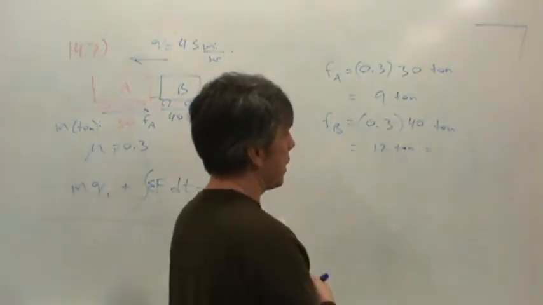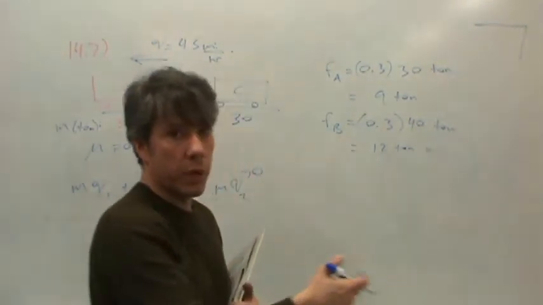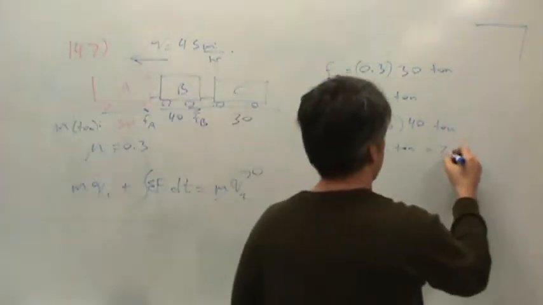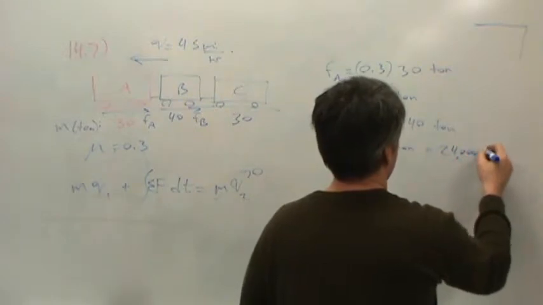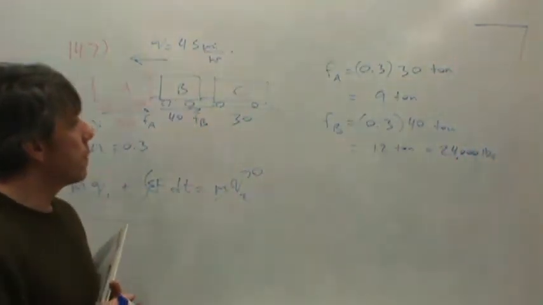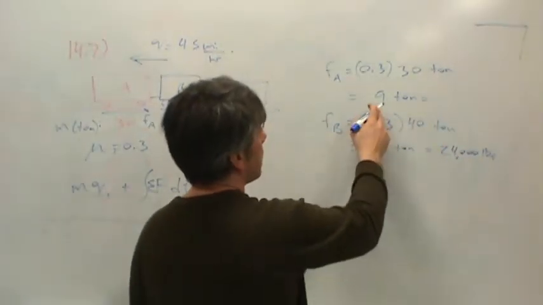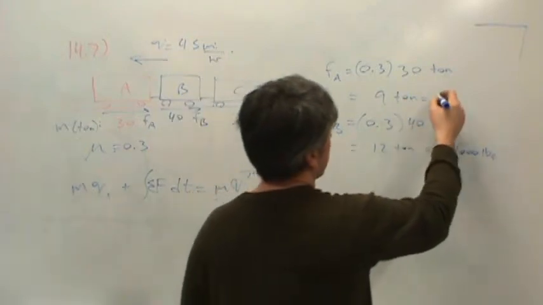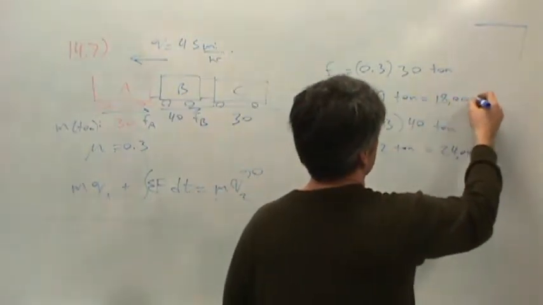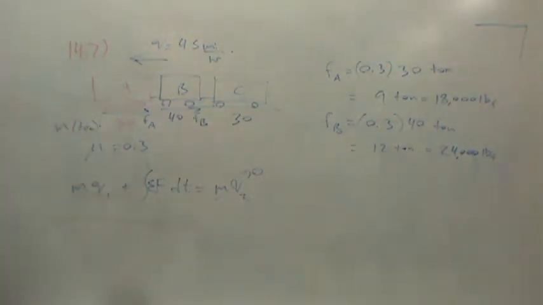So 2,000 pounds force per ton means basically multiply this by 2, you get 24 times 1,000 is 24,000. So 24,000 pounds force is the frictional force on B. Similarly, if we were to take 2,000 times 9, that'd be 18,000. And there's the force acting on A and B.